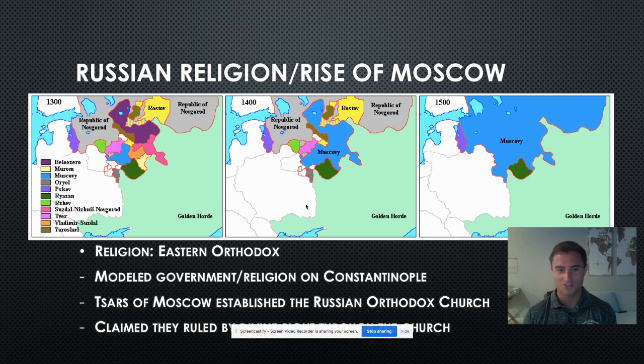What Moscow is going to start to do in this time period is claim that their rulers in Moscow are now the rulers of the new Russian Orthodox Church. The Byzantine Empire is falling to the Ottoman Turks.